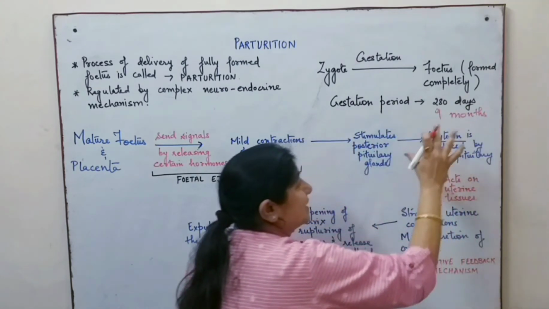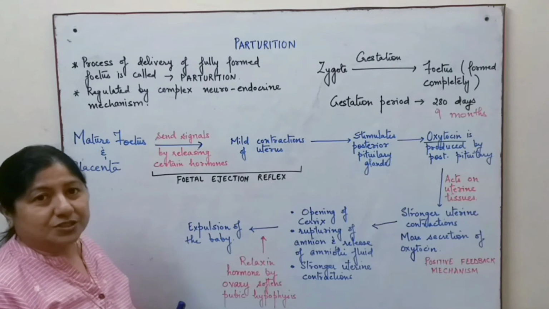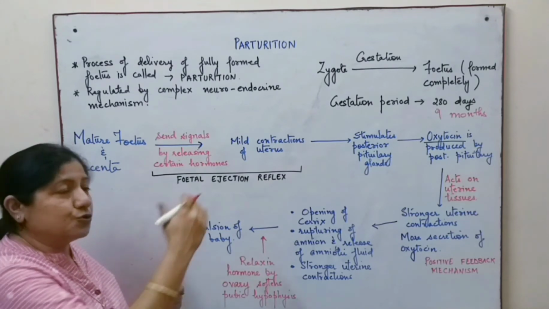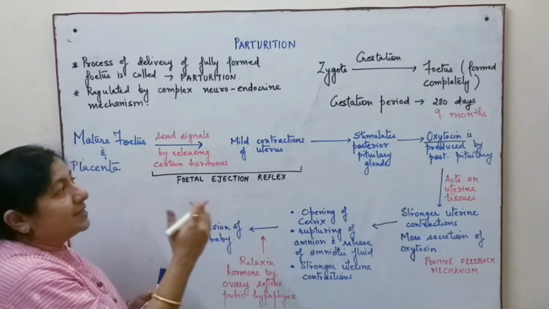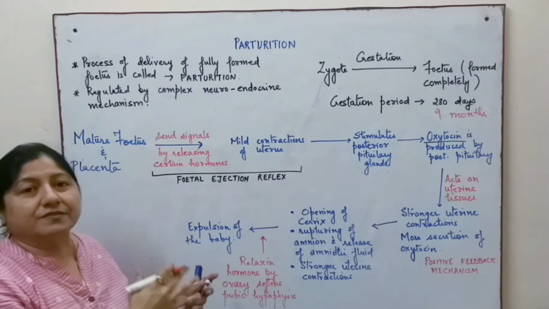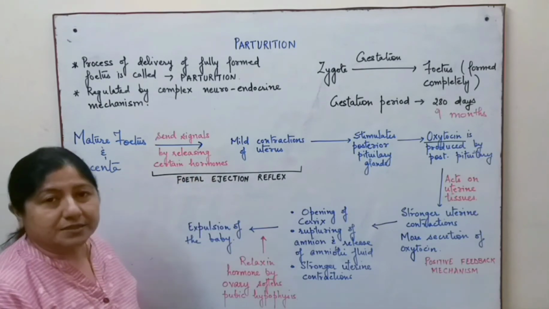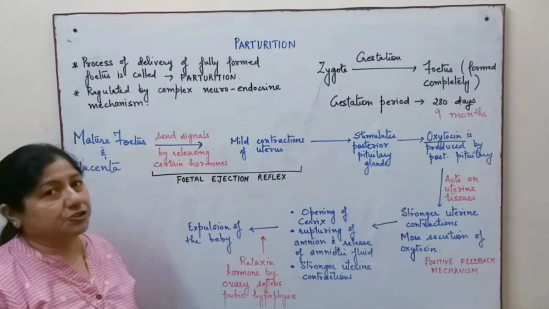All the steps taking place in the gestation period, right from the formation of the zygote to the formation of the completely developed fetus, involve the various steps that we have studied in the previous videos. And after the 9 months, the baby is ready to be delivered by the process of parturition.